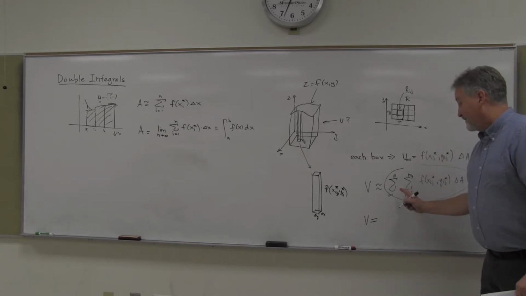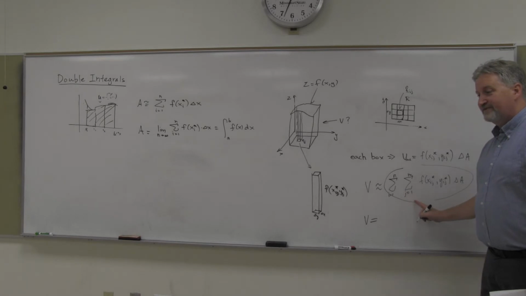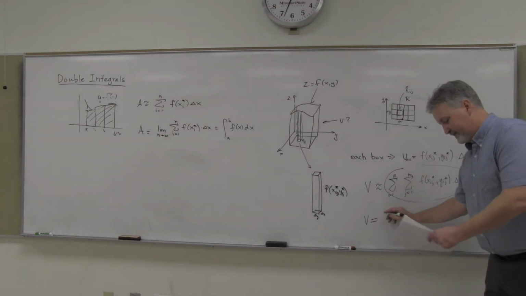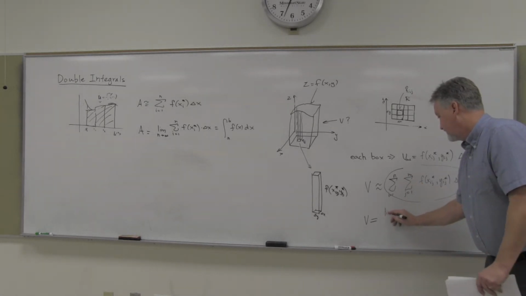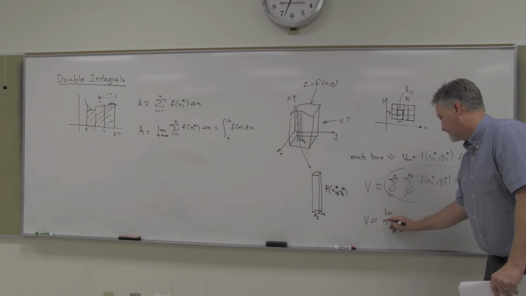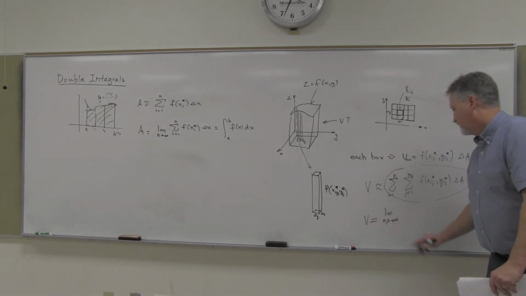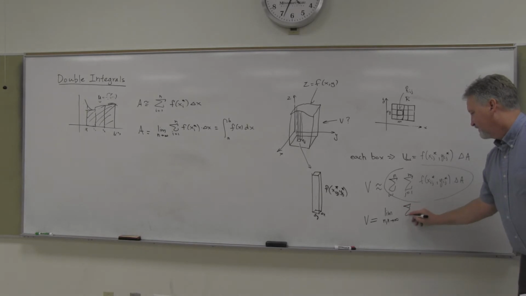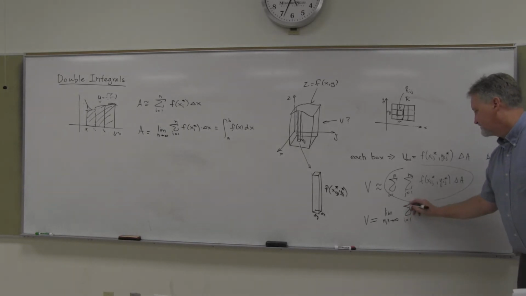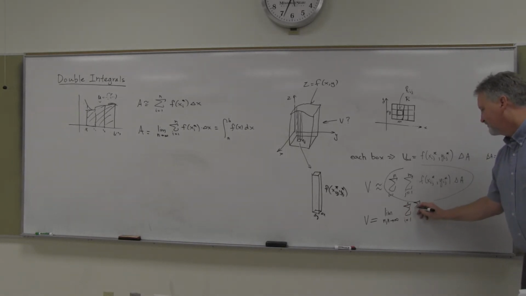Well, I'm going to run both of these to infinity. I'm going to run n to infinity and m to infinity. So let's just write it this way. Run those both to infinity. What do you get with infinitely many of these little boxes?